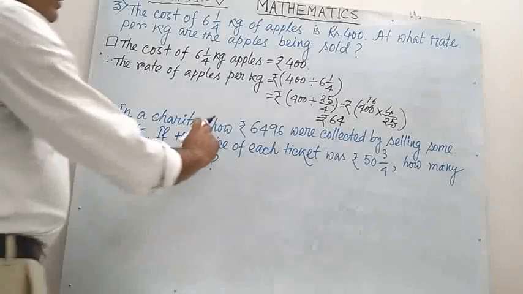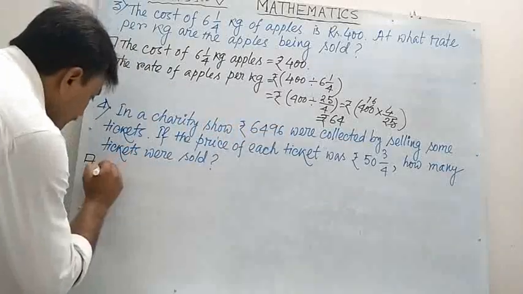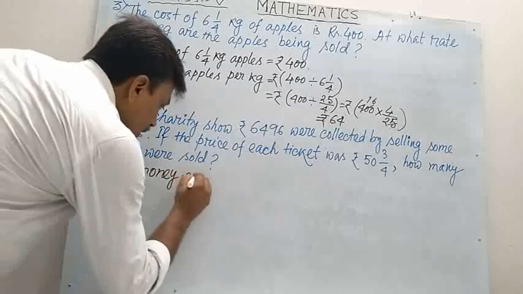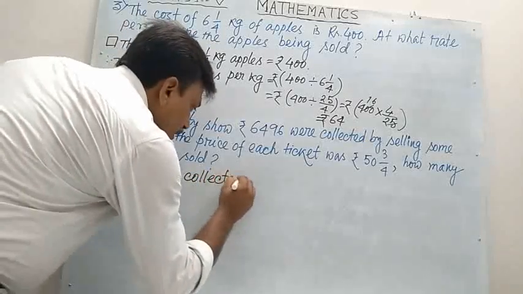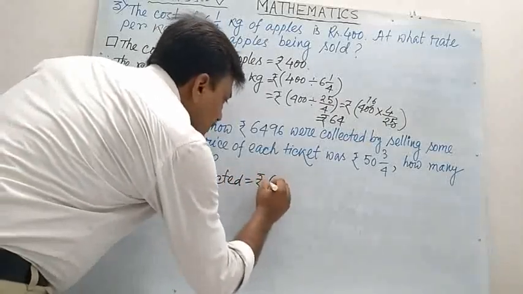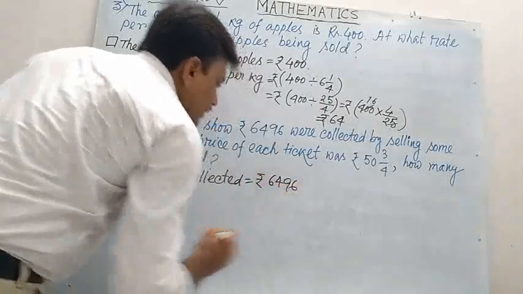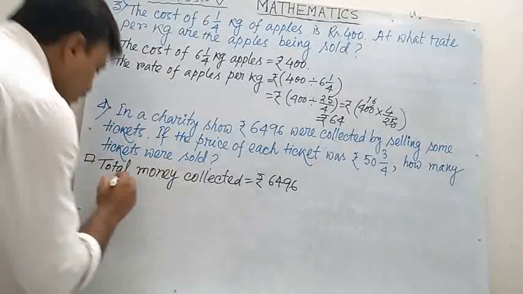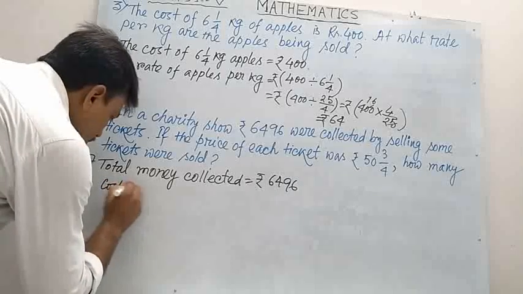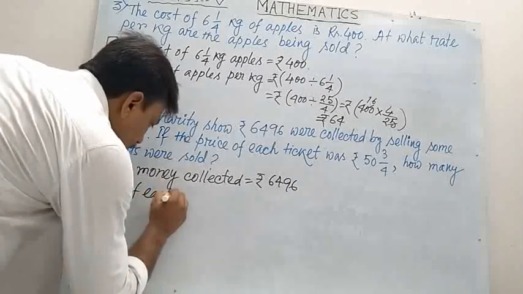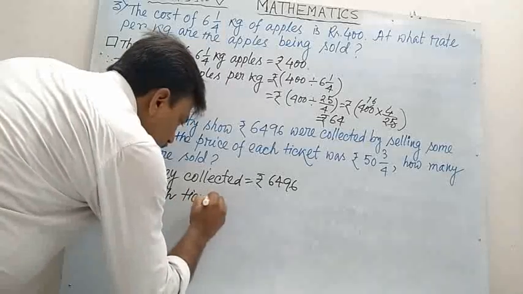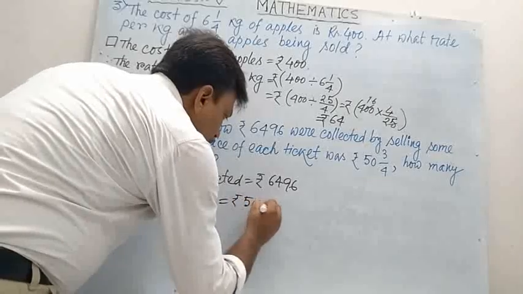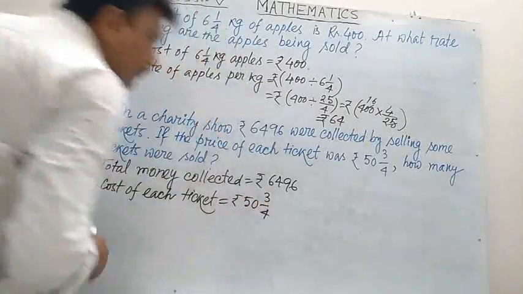So total money collected equals rupees 6,496. Cost of each ticket equals rupees 50 wholes 3/4.